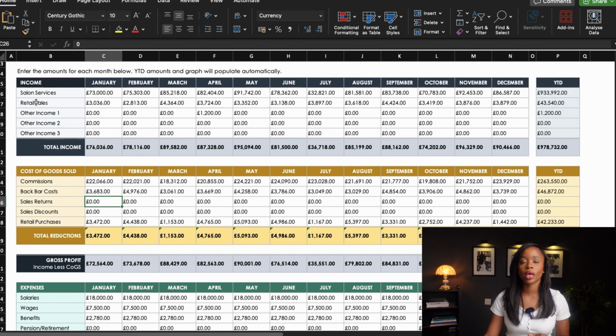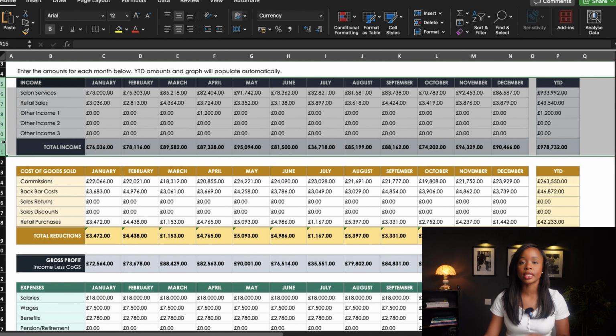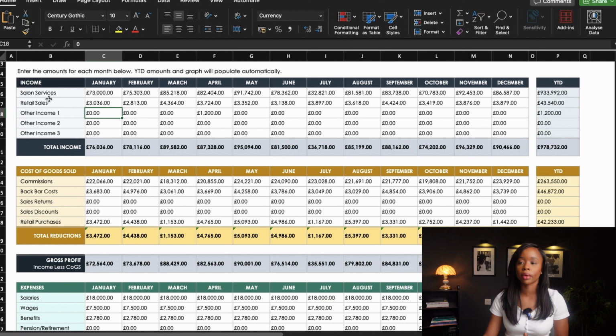So let's take a quick look at a sample profit and loss statement then, and what it might need to include, okay? So the first section of your profit and loss statement will generally need to include your income. By this, we are talking about things like your revenue. We're talking about sales that you've made from any particular product or services that you have sold within that period of time, okay?